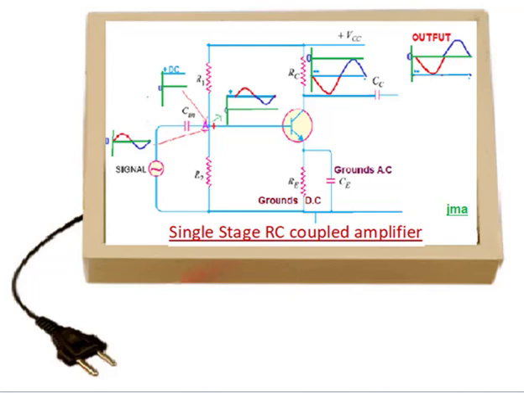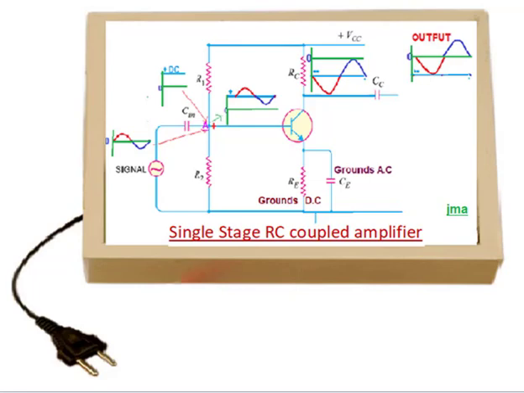A class A amplifier allows the whole input waveform in its output. In class B, only half of the waveform appears. In class AB, more than half of the input waveform appears in the output.